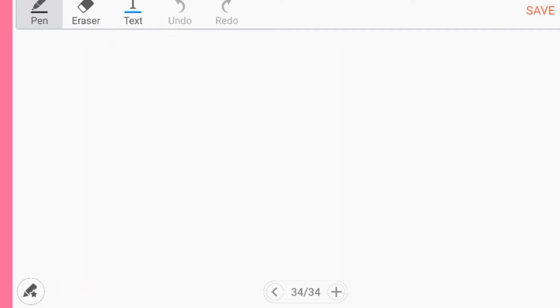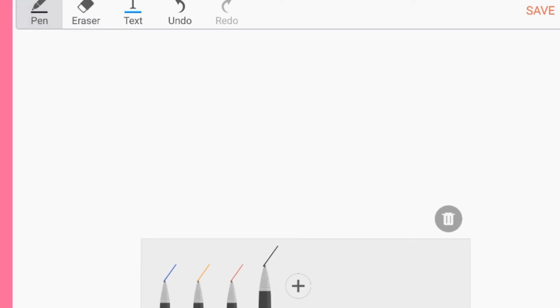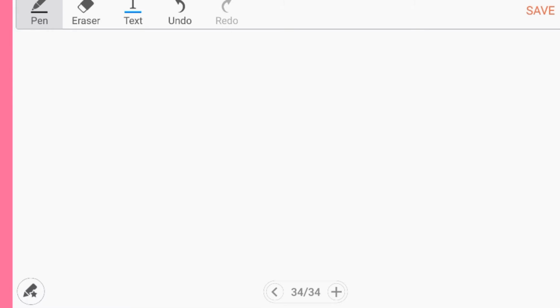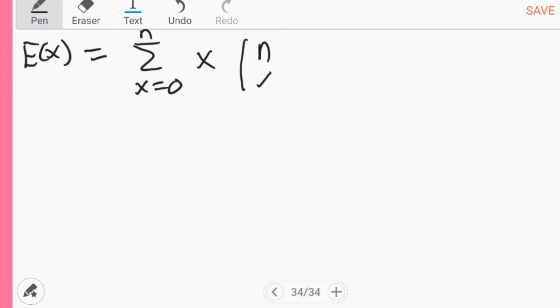So with the binomial expansion theorem in mind, let's get rid of the x. The expected value of X is equal to the sum over x from 0 to n of x times n choose x, p to the power x, q to the power n minus x.